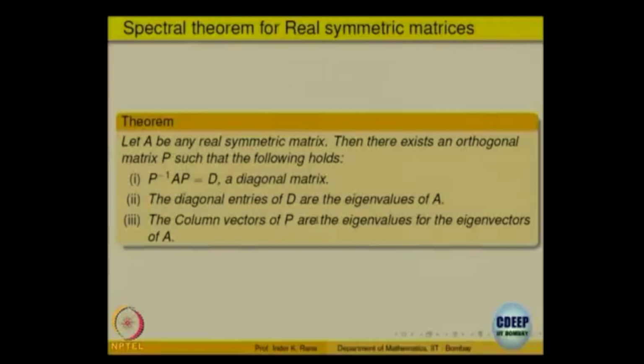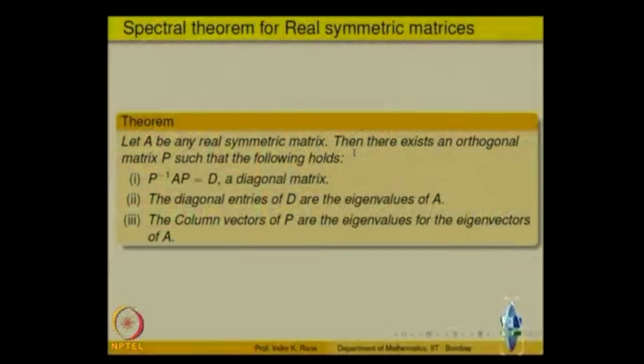But the only thing is that eigenvectors corresponding to distinct eigenvalues for a real symmetric matrix will be orthogonal, but inside the eigenspace they may not be orthogonal, they will be only linearly independent. So using the Gram-Schmidt process, we can make those eigenvectors also mutually orthogonal. For each eigenvalue there is a basis consisting of eigenvectors because it is diagonalizable, so we can convert that basis to an orthonormal basis.